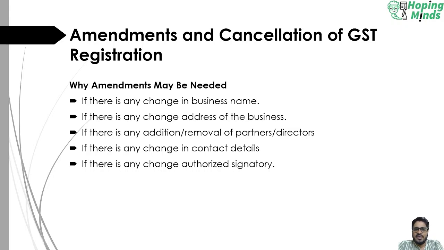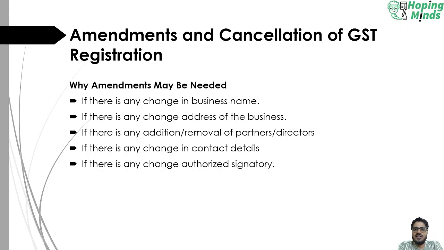Next is if there is any addition or removal of partners or directors. A change in the management, partner, director or the authorized signatory must be intimated to the GST department, and hence any change in the partners or directors must be intimated and updated in the existing registration.